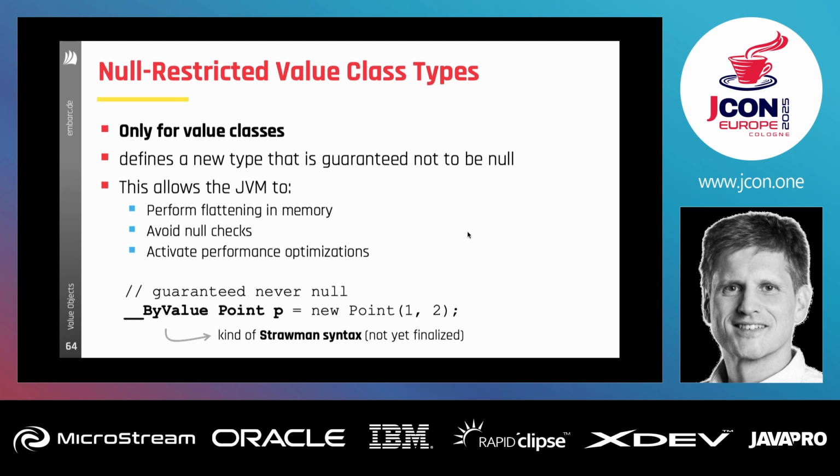They also use some other strawman syntax, and I think __ByValue won't be the final version. But if I have a Point value object, then I can have this keyword __ByValue in that case, which means that this reference will always be not null.